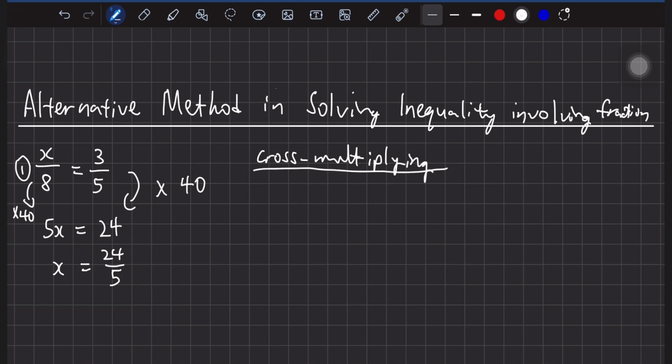You can call it a shortcut, or a way of solving derived from the method that I've shown. Why? If I rewrite this, x over 8 equals to 3 over 5, then they practice cross multiplying, so I have 5x equals to 24.